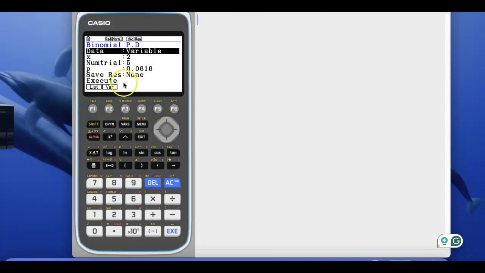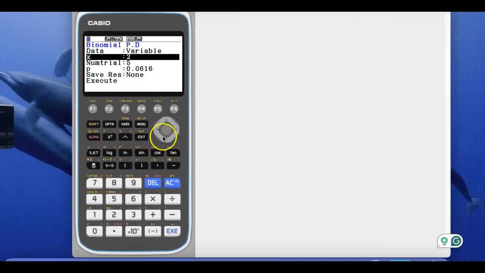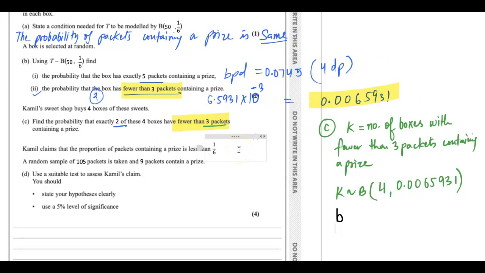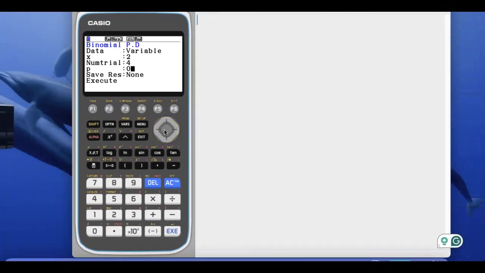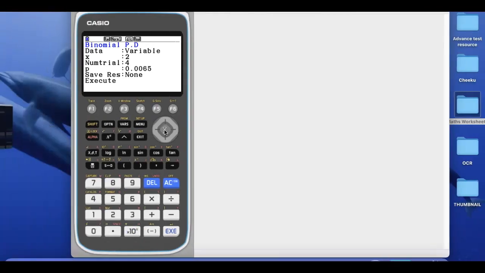Let's quickly substitute the values: exactly 2 boxes out of 4 boxes, and the probability is 0.0065931.